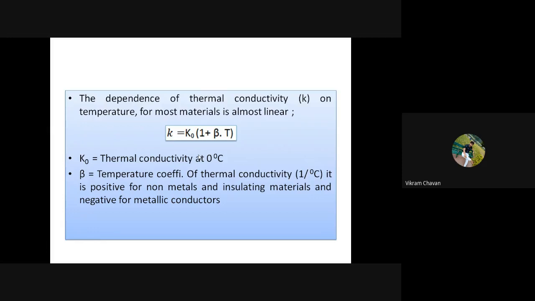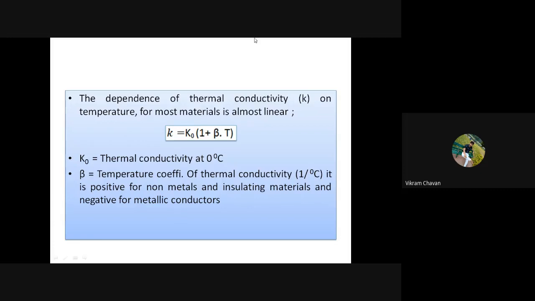So write down: the dependence of thermal conductivity, K, on temperature for most materials is almost linear.